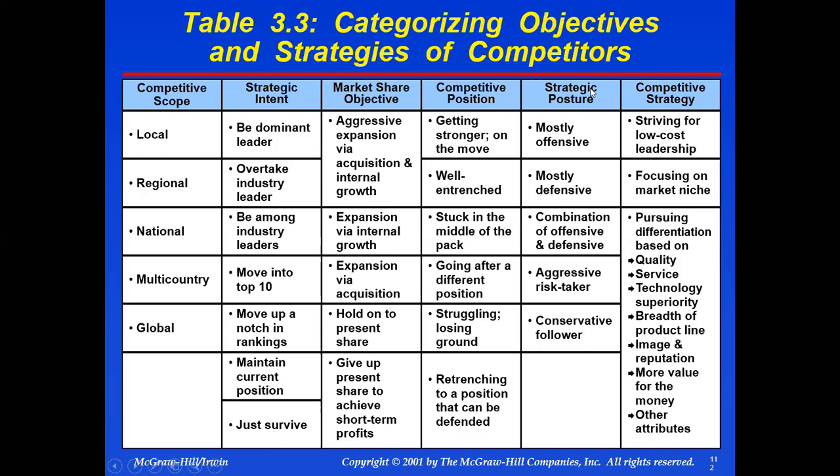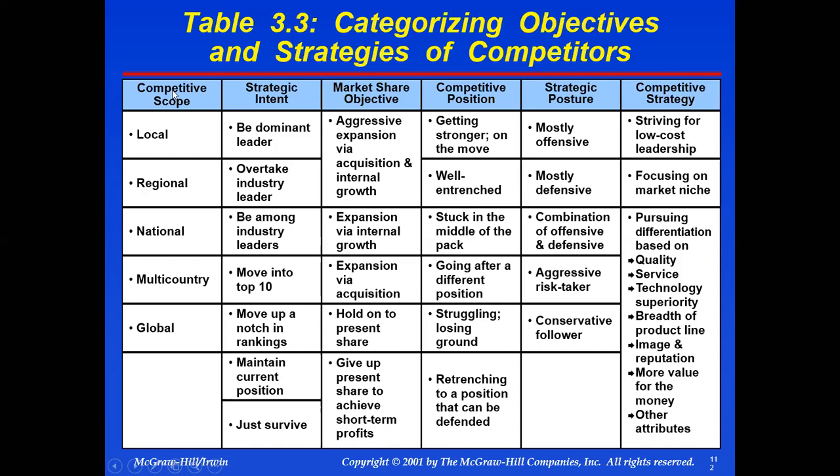Their strategic posture can be mostly offensive. And their competitive strategy would be striving for low-cost leadership. So this is a generic expression of what could be the strategic intent, market share objective, competitive position, strategic posture, and competitive strategy if the competitive scope is local.